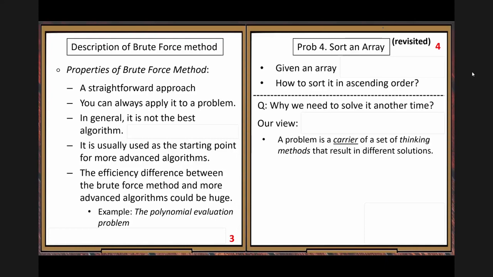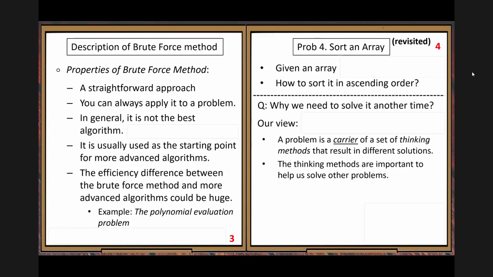The thinking methods are important to help us solve other computing problems. That's what we want to have. So we don't want to throw away all these valuable thinking methods.